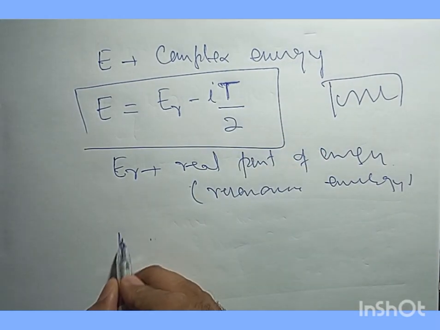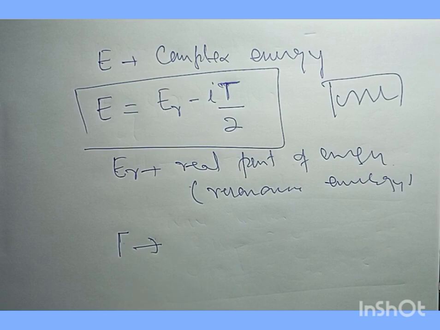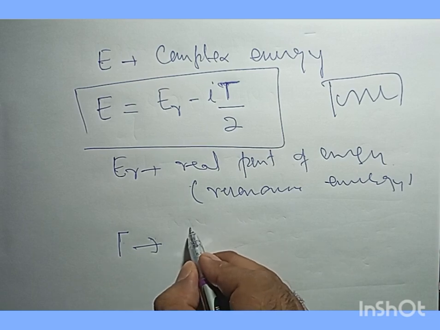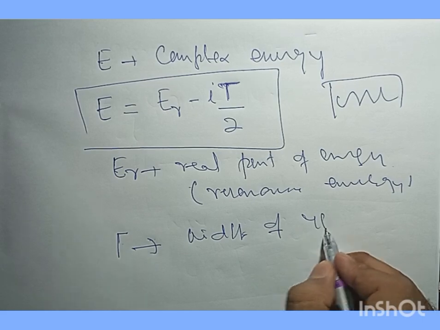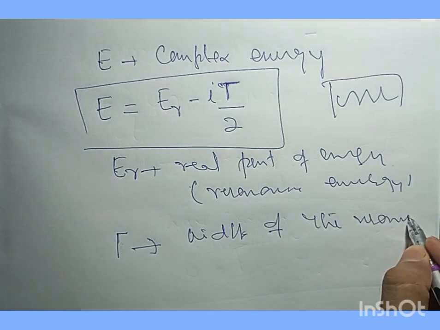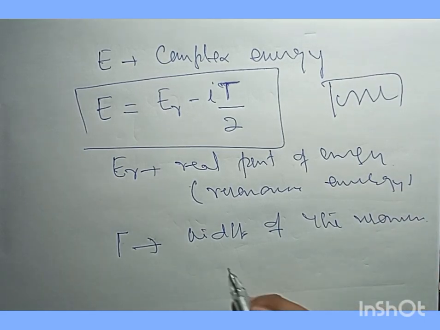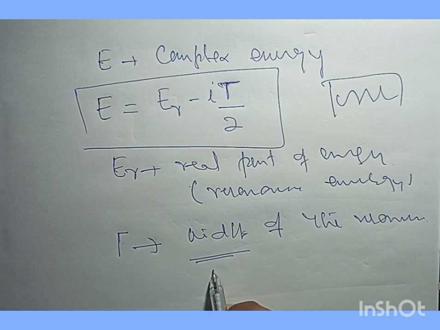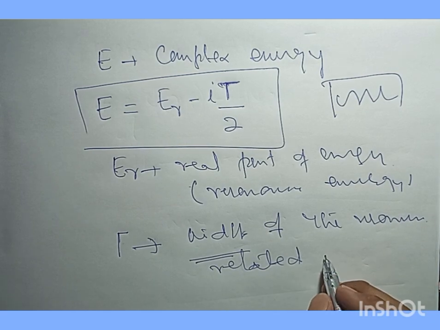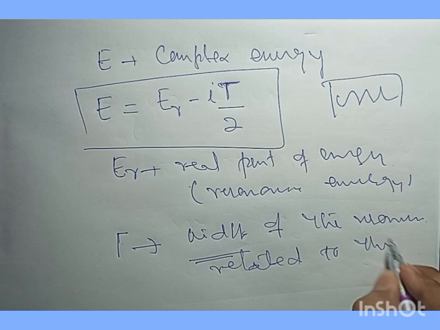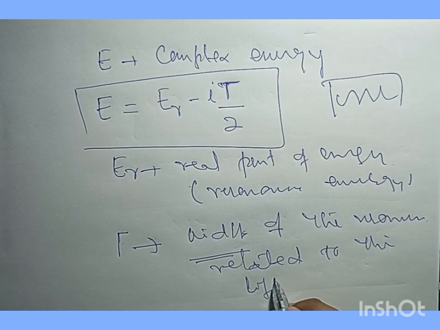And this part, this half Γ part, what is it? It's the width of the resonance, related to what I already defined. It's related to the lifetime of the state.